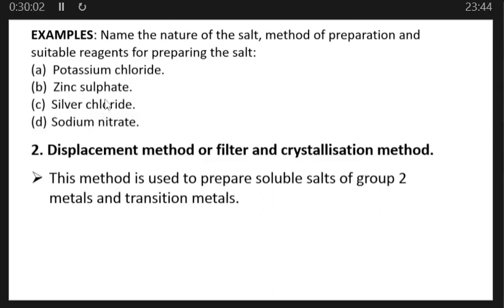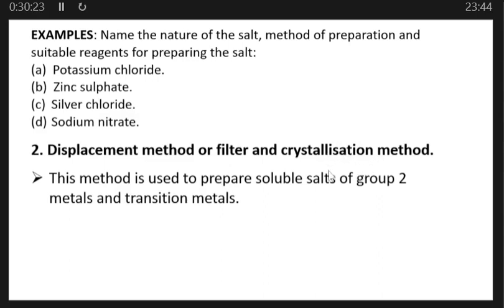So zinc sulfate is a salt of a transition metal. And since zinc sulfate is also soluble, it will be prepared by displacement method or filter and crystallization method. All right.